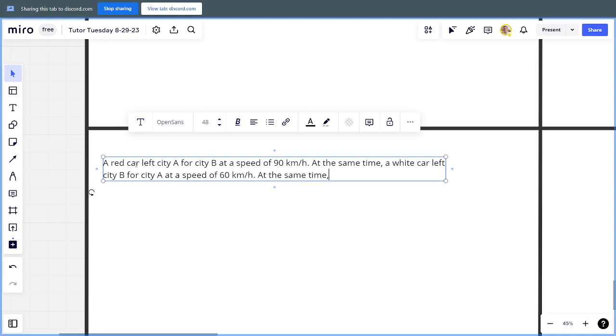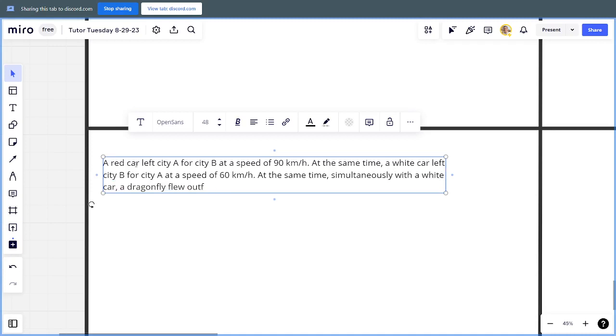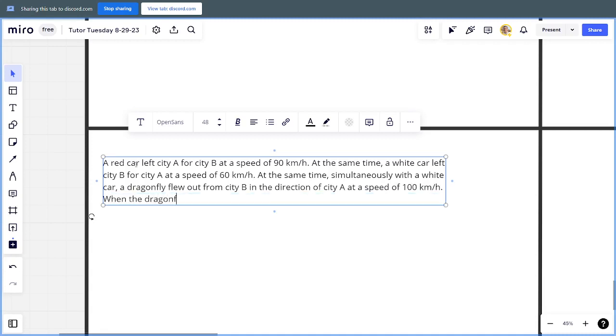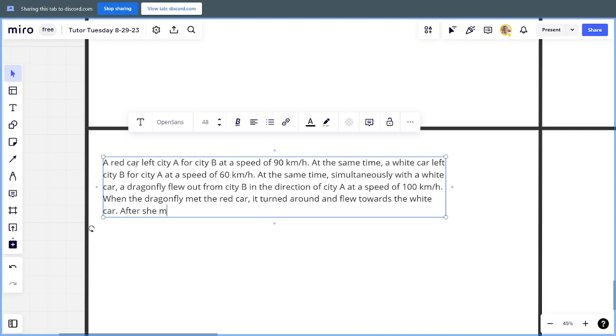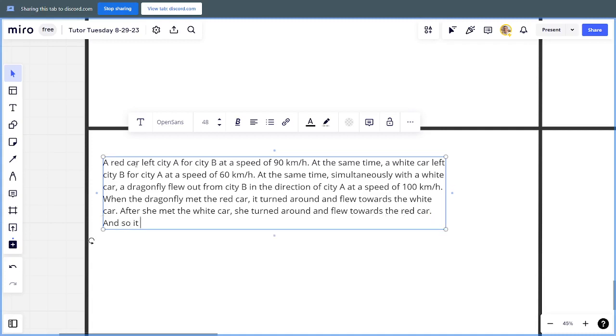At the same time, simultaneously, I don't know why he added that in there, a dragonfly flew out from city B in the direction of city A at a speed of 100 kilometers per hour. When the dragonfly met the red car, it turned around and flew towards the white car. After she met the white car, I guess the dragonfly is a she, she turned around and flew towards the red car. And so it flew until the cars met.